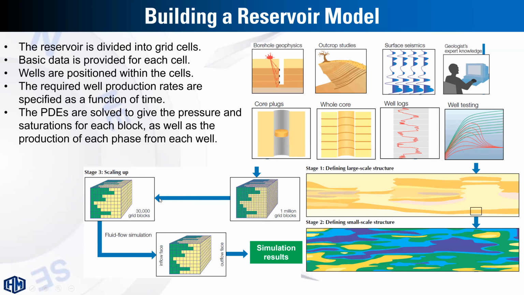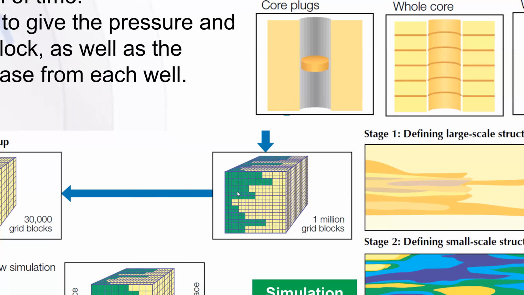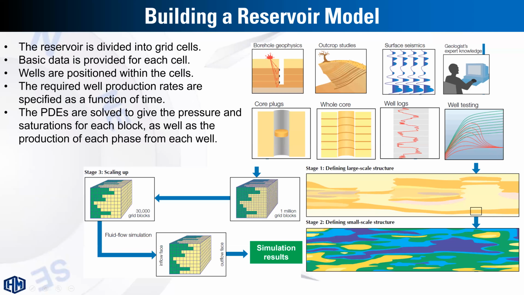So simply you will subdivide the reservoir into grid blocks or grid cells, and you have to define basic properties for each grid block or grid cell.